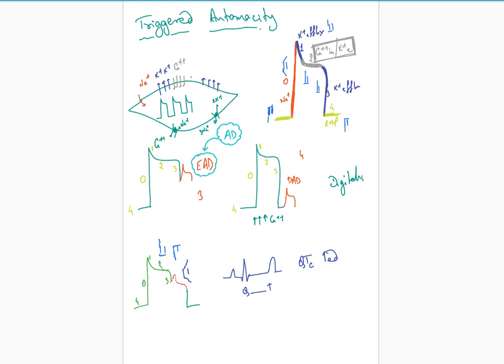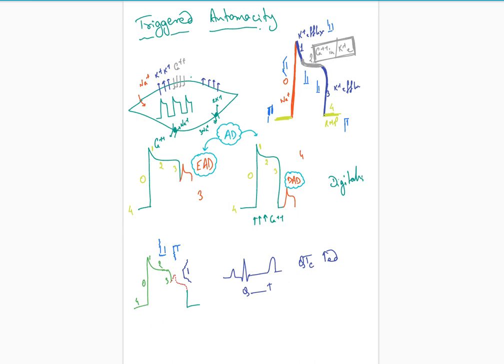By looking at the graph, the diagram, can you understand how one after depolarization is happening early and how another after depolarization is happening delayed? Yes or no? Okay, so I'll now explain how it is happening, don't worry. Imagine the plateau phase gets prolonged.